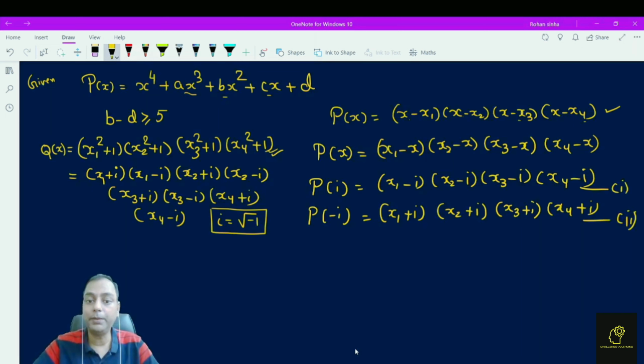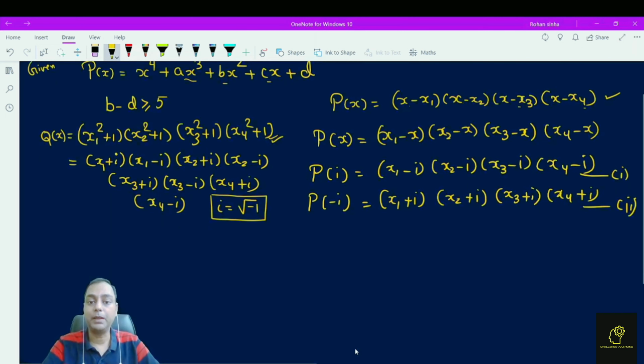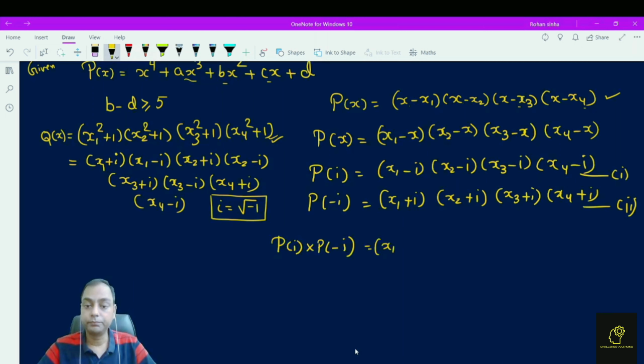Now simply multiplying equation 1 and 2, what do we find? If we multiply 1 and 2, we find that P(i) into P(minus i) is (x1 minus i)(x1 plus i), so this is (x1^2 + 1)(x2^2 + 1)(x3^2 + 1)(x4^2 + 1).